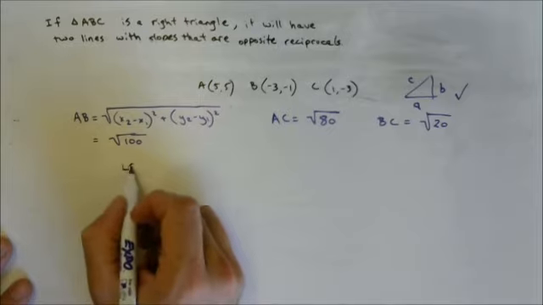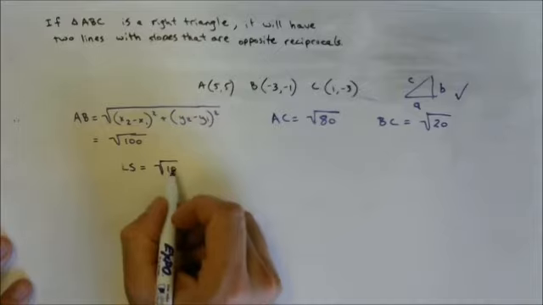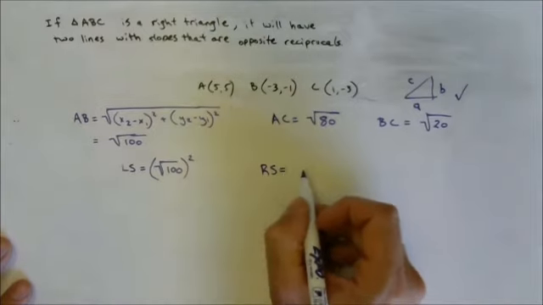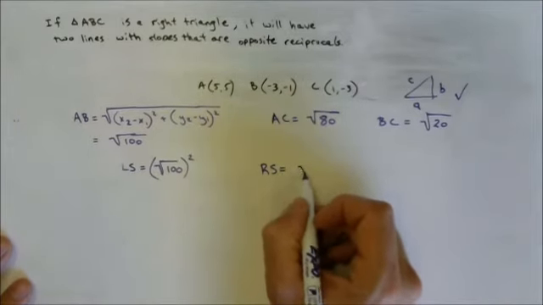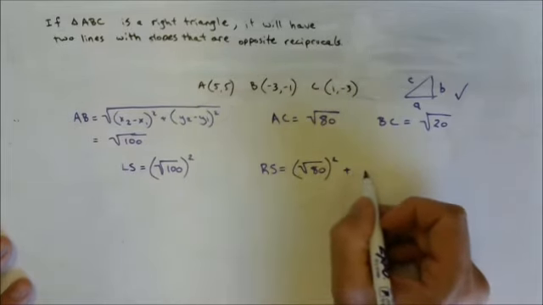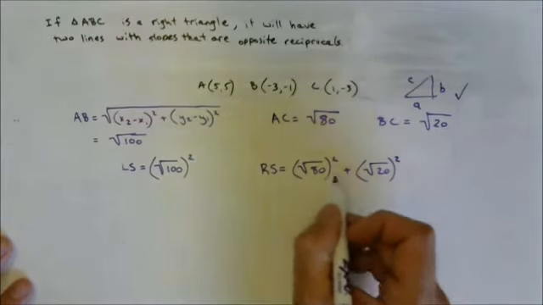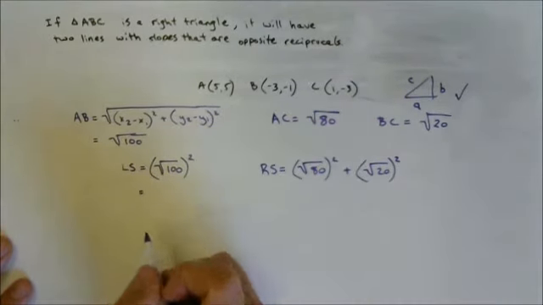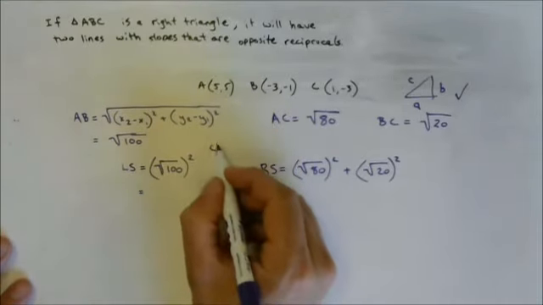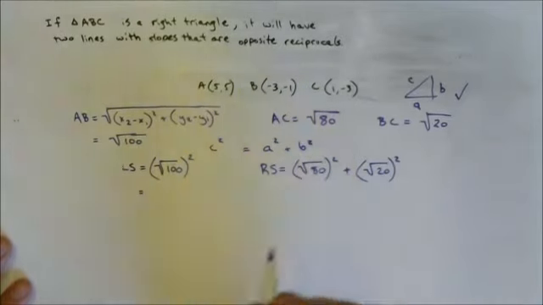In our Pythagorean theorem, the left side is the square root of 100 squared, and the right side is the square root of 80 squared plus the square root of 20 squared. That's coming straight from a squared plus b squared equals c squared, and I wrote it with the hypotenuse c squared on the left and a squared plus b squared on the right.